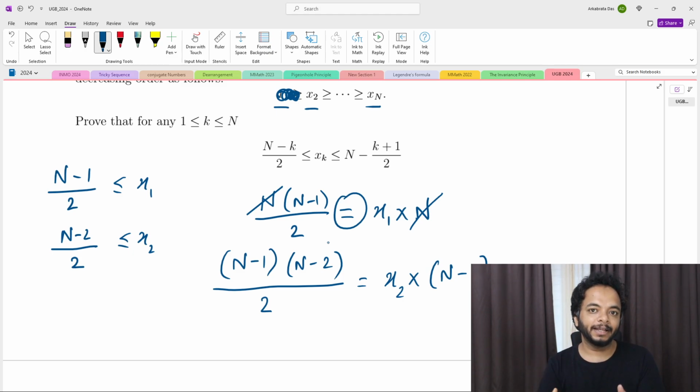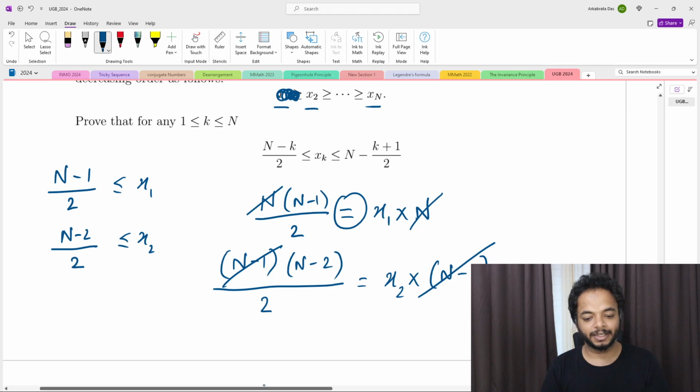Then I can very well say, whatever the number of winnings of team 2, who has won the second highest number of games, what could that be? If all of them are equal, it's getting the minimum possibility. There I get that x2 is nothing but N minus 1 times N minus 2 by 2, the total number of games, and if all are equal, it's x2 times N minus 1.